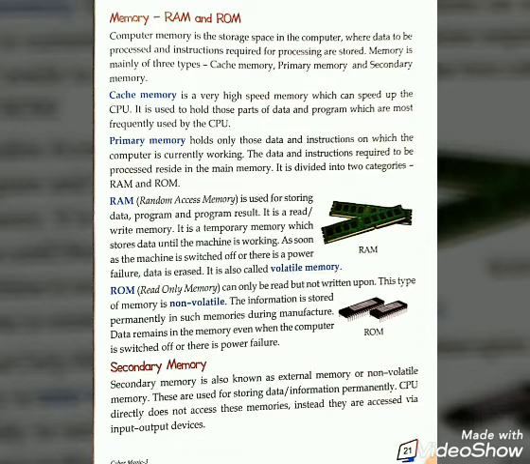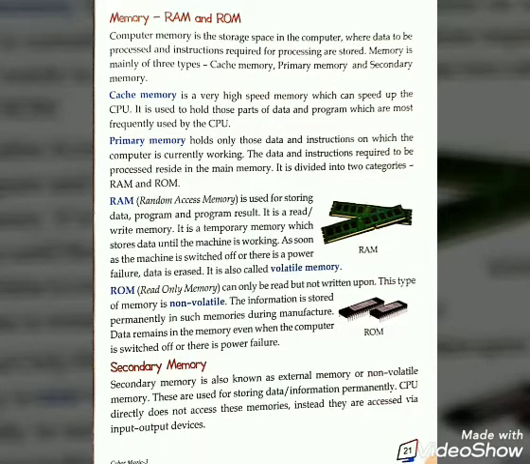Here the information is stored permanently in the ROM during manufacture, and the data remains in the memory even when the computer is switched off or there is a power failure.